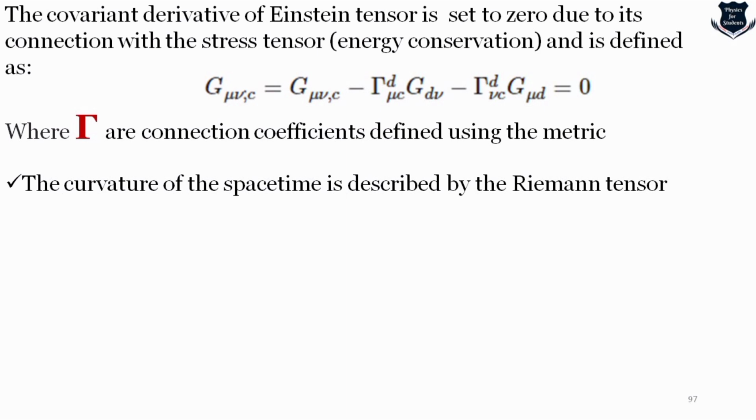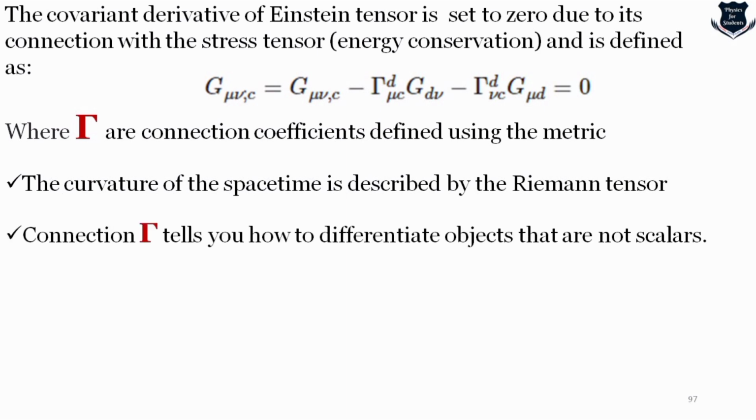Now, the problem is that general objects like tensors do not have a single value, but they have a set of numbers, and these numbers are related to a specific choice of the basis of the vectors at each point. So the curvature of the space-time is defined by the Riemann tensor. This connection actually tells you how to differentiate the objects that are not scalars, right?